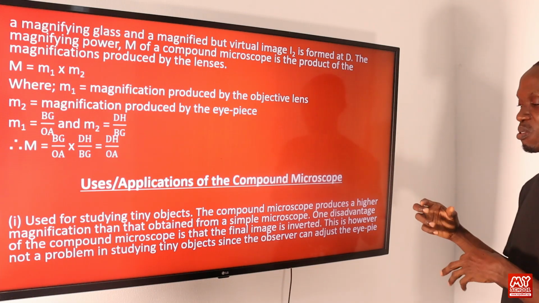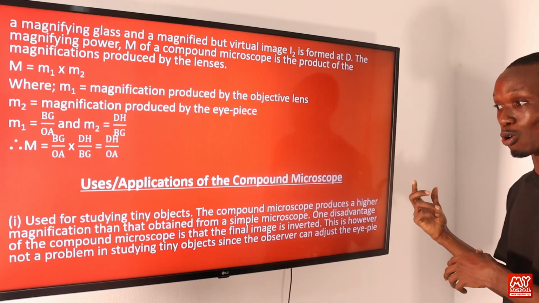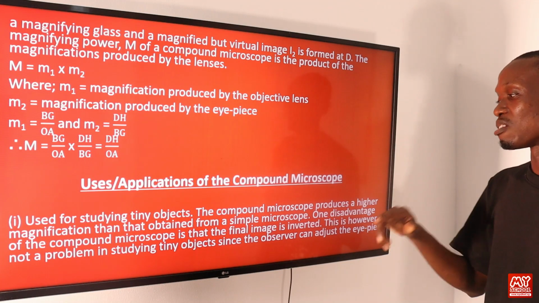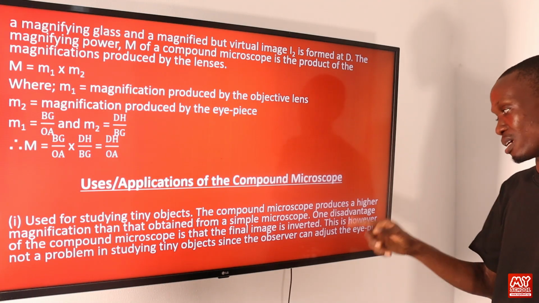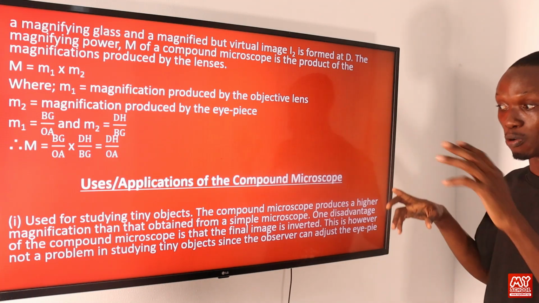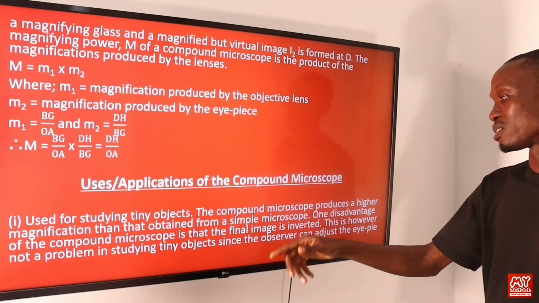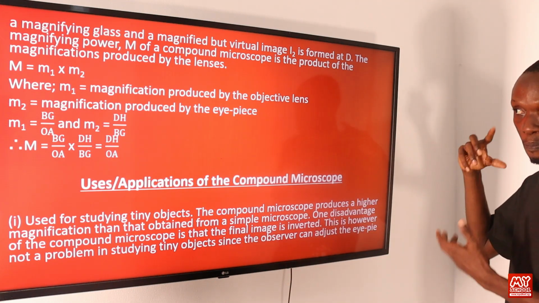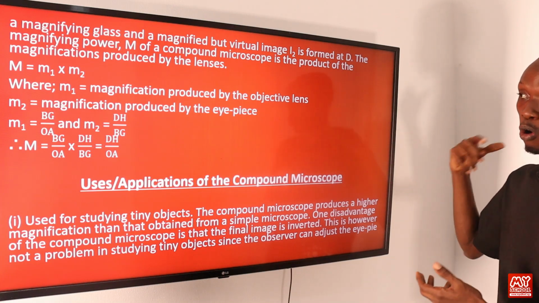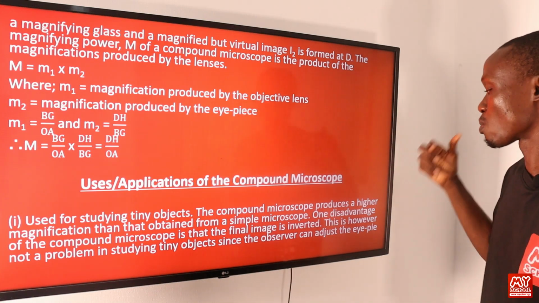But one thing that may serve as a disadvantage is that the final image is inverted. However, this is not a problem in studying tiny objects, since the observer can adjust the eyepiece to see the image produced properly.